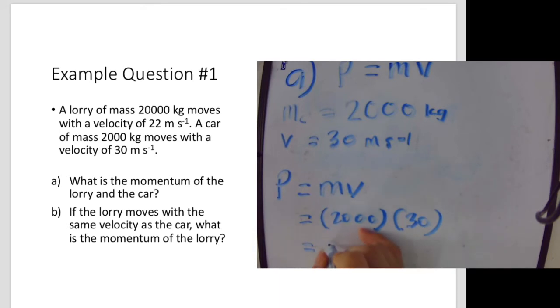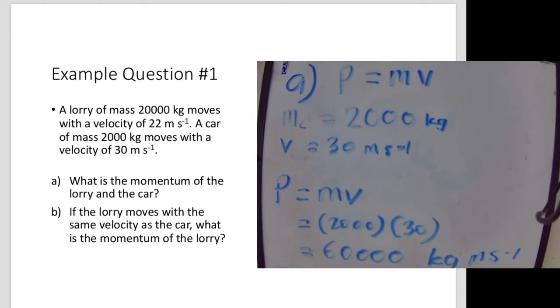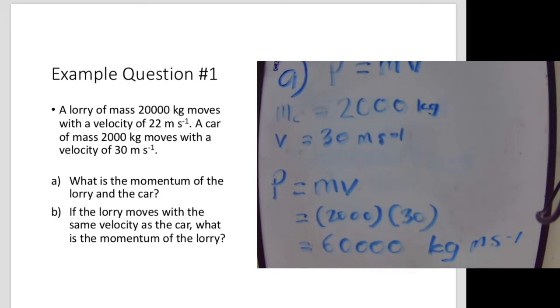No, 60,000. 60,000. And your unit would be kilogram meter per second. Very simple. Right? It's not like some of the other formulas that you learn. It's quite a simple formula. Okay? So everyone understands? Alright.